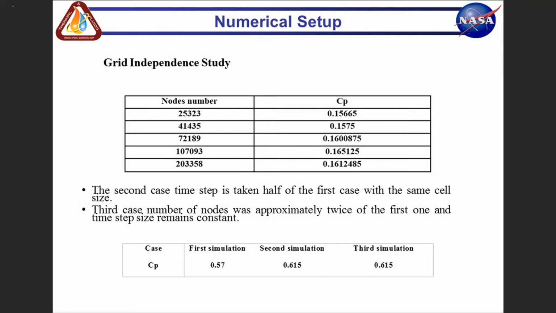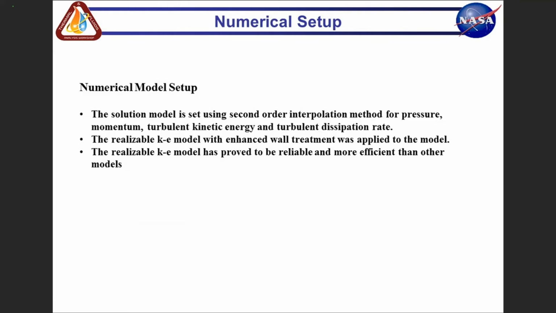To confirm this, we made two simulations: one with the time step halved, and the second with the number of nodes doubled. The last two cases are approximately close to the first case, as we see from the table.